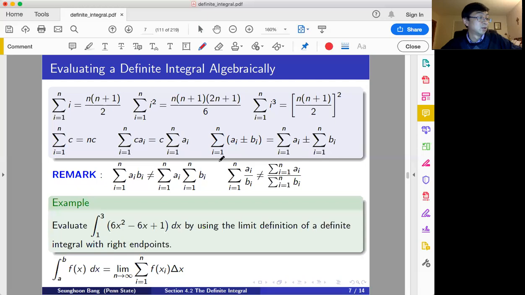What is delta x? b minus a over n. What is x i? a plus i times delta x. This is the idea.